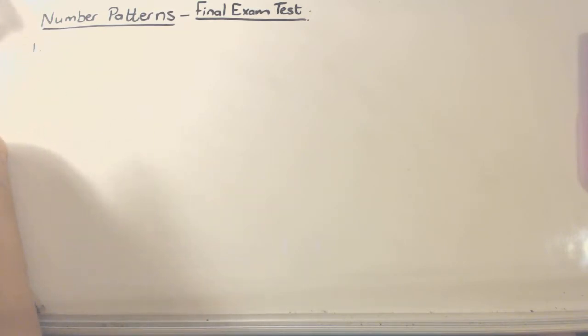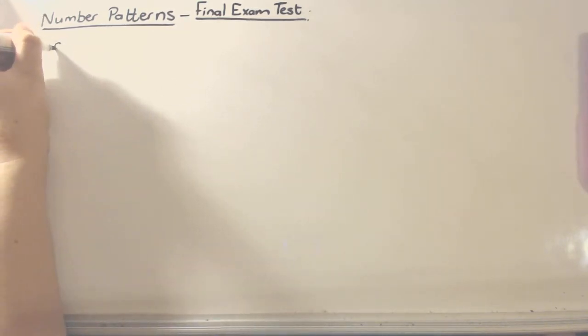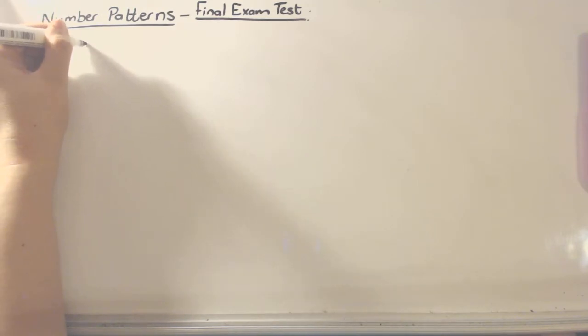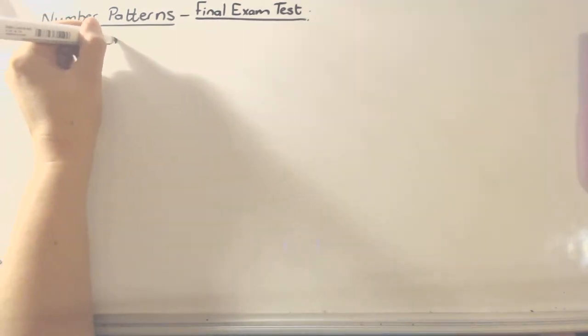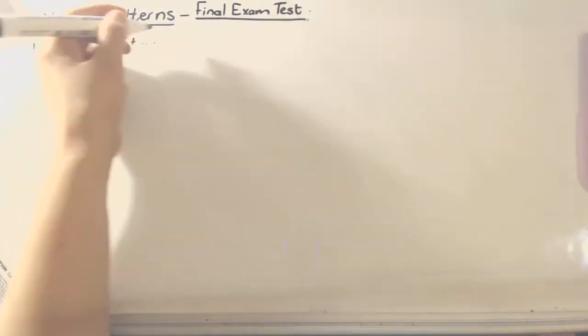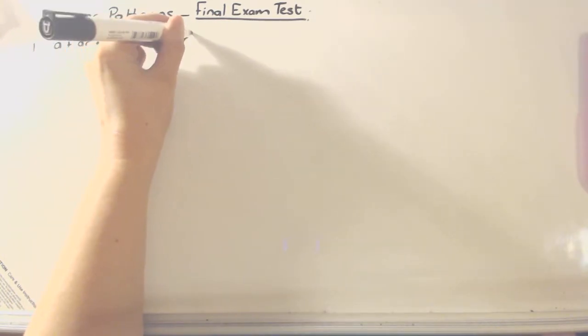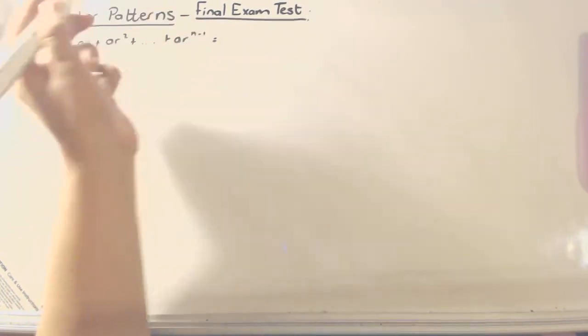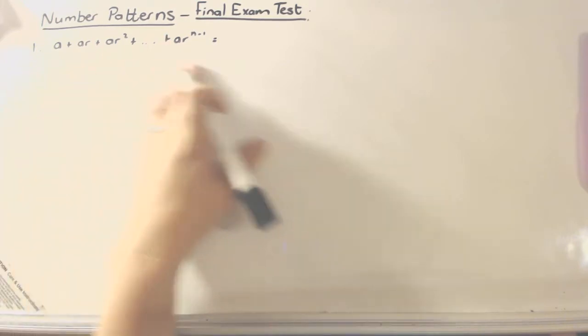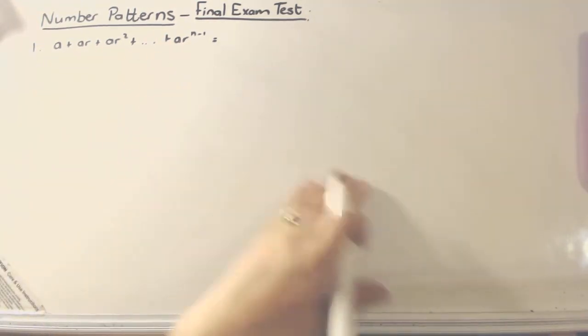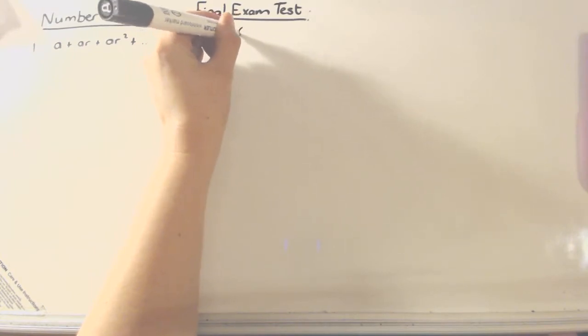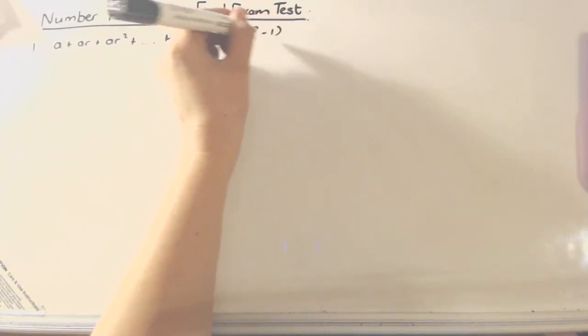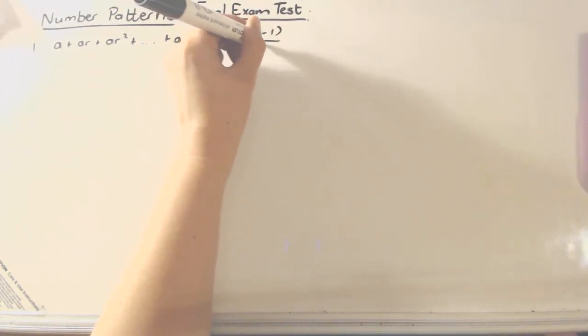Alright, so the first question says, prove that a plus ar plus ar squared plus ... plus ar^(n-1) is equal to a(r^n - 1) over (r - 1).